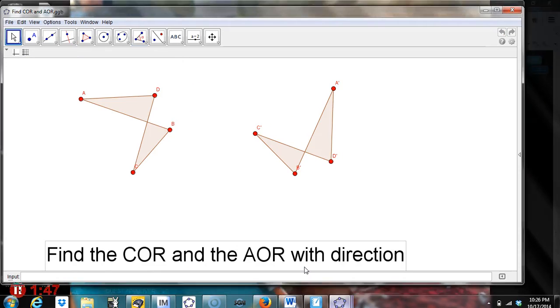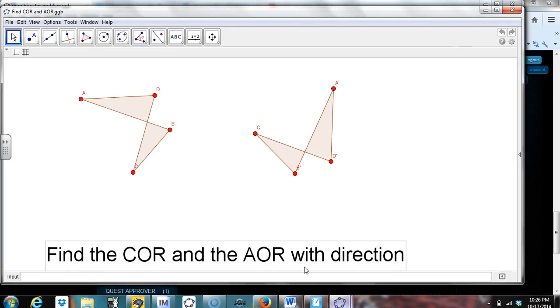Okay, problem number 5. Find the center of rotation. So we have a rotation here. It's not a reflection because we can see that C and C prime, B and B prime are on different sides of each other. So this is a rotation, and we need to find the center of rotation and the angle of rotation with direction.